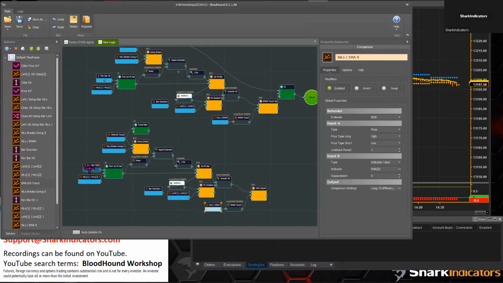Depending on the speed of your computer, the complexity of the indicators you're using, and the overall complexity of your system, you would just have to pay attention to how slow BloodHound may become on your chart.